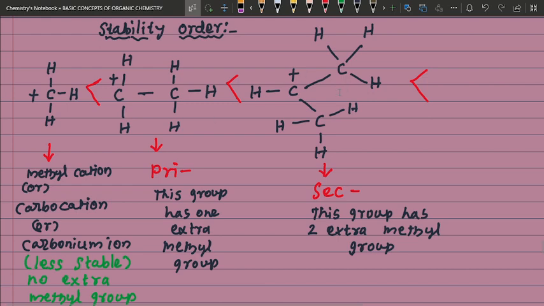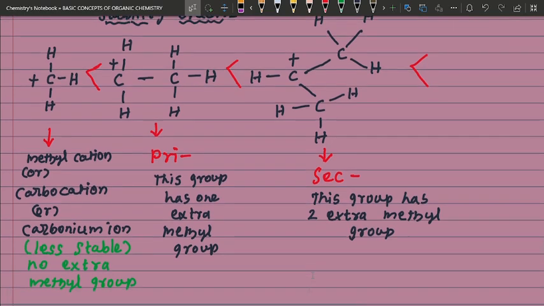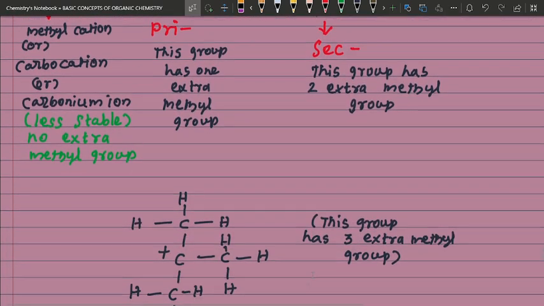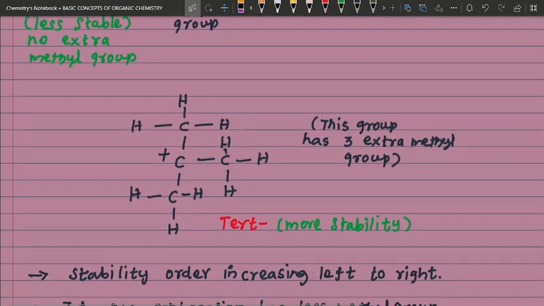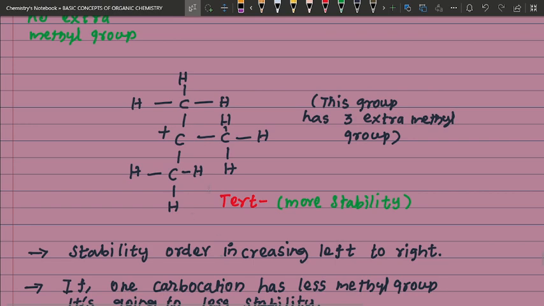Let's see again here, this group has two extra methyl groups, 1, 2, so it is more stable than primary. This is secondary. Next, this group has 3 extra methyl groups, 1, 2, 3. This is tertiary. This is more stable than the first, the methyl cation.